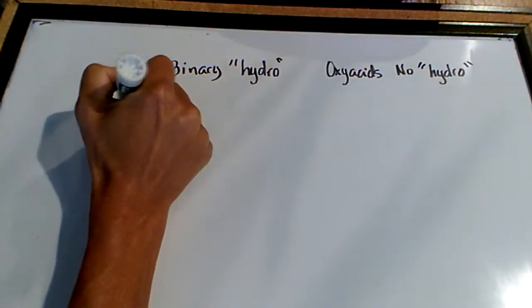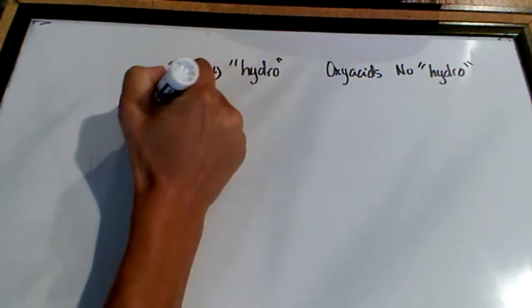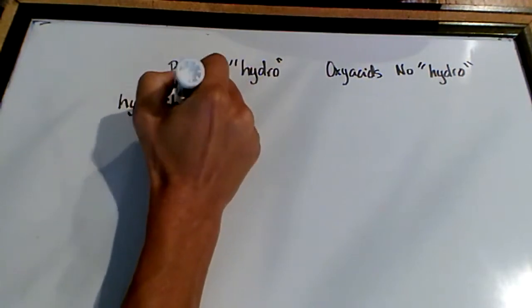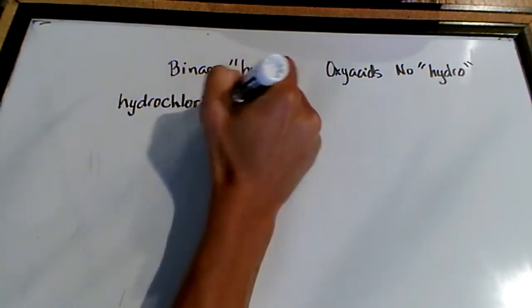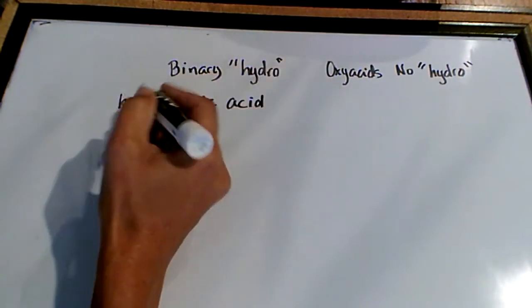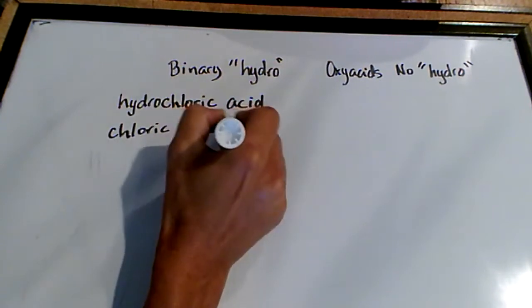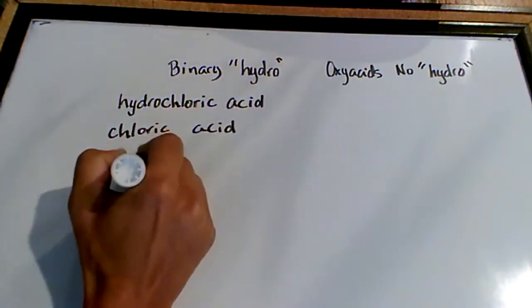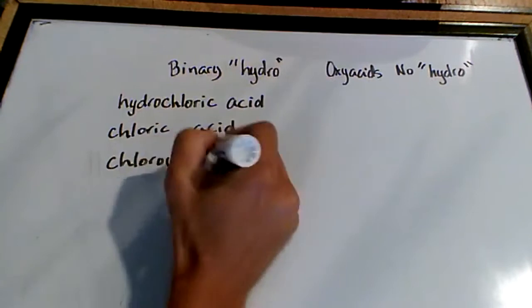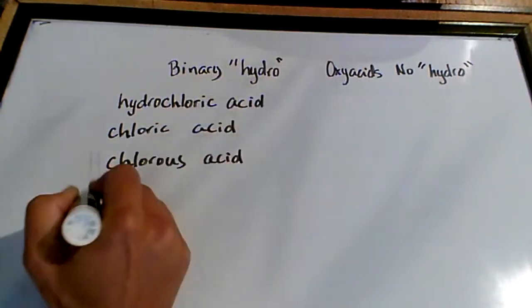I'm just going to write some names down. We're writing formulas for acids, so that's what the title is: hydrochloric acid, chloric acid, chlorous acid. This won't take too long.